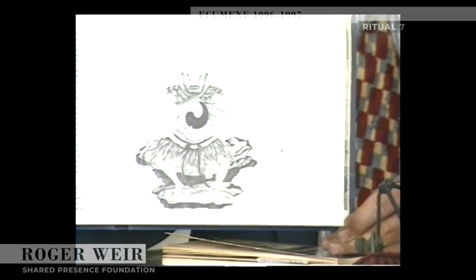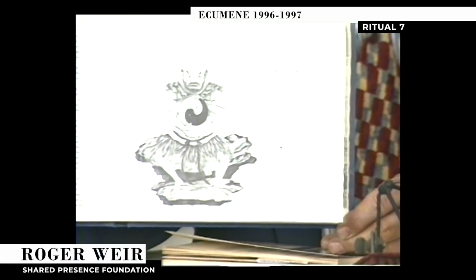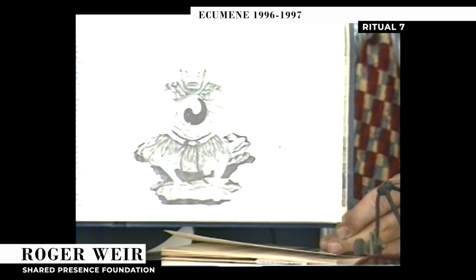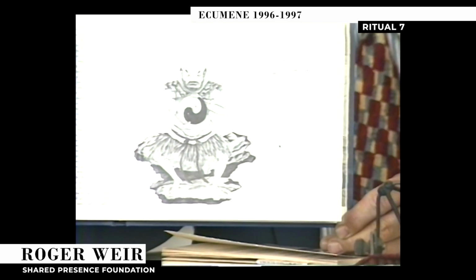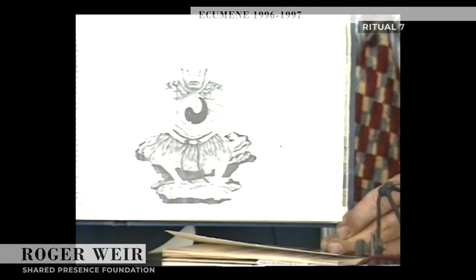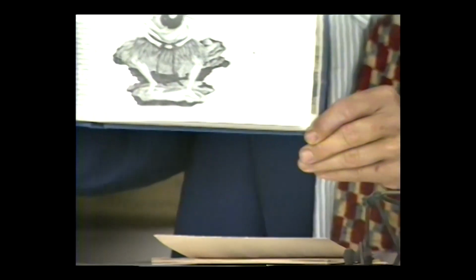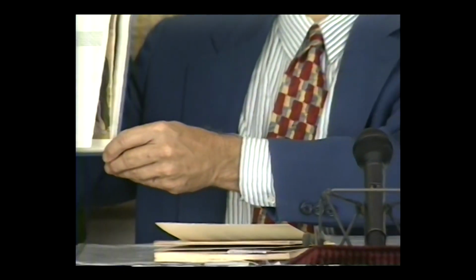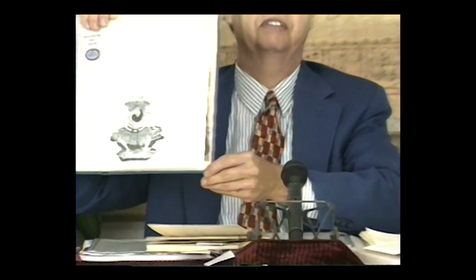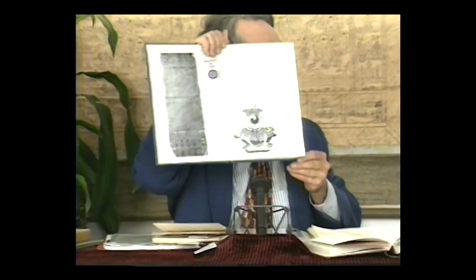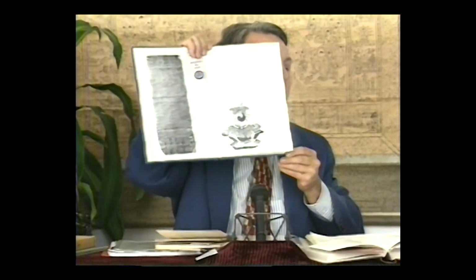The image that you're able to see on camera is that of Pan Ku from Chinese mythology, and he holds the Tai Chi and turns this Tai Chi. And this is a Chinese version of the turning of the Dharma chakra.